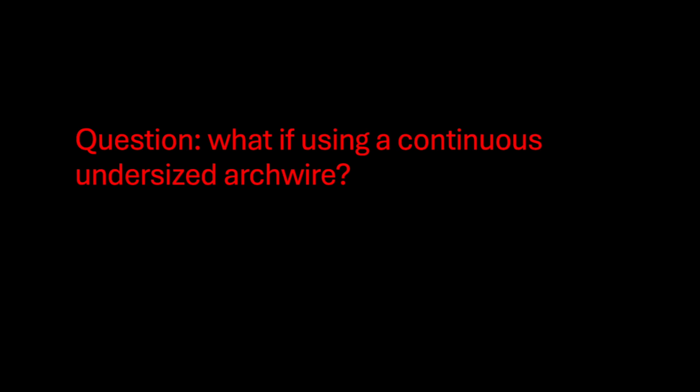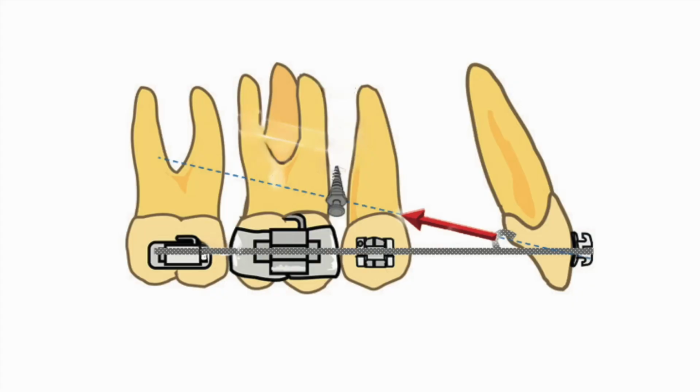The question is, if we don't use a continuous full-sized arch wire, and instead we use an undersized arch wire? Look at this picture. What happens if we use an undersized continuous arch wire?